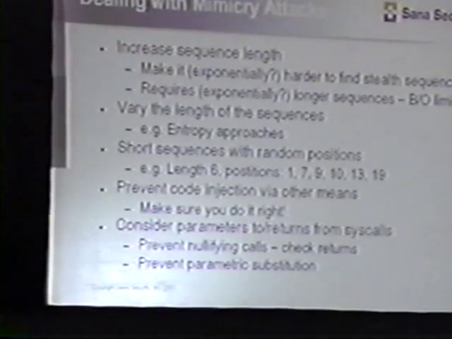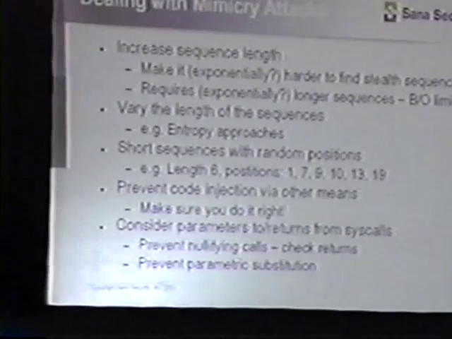So how do we deal with mimicry attacks and the other kinds of attacks? Fortunately, there are some fairly straightforward ways of dealing with these things. The first is just simply to increase the sequence length. You could see from the previous example that with a very short sequence length of 6 that you're monitoring, you need a lot of nullified system calls to generate anything useful.